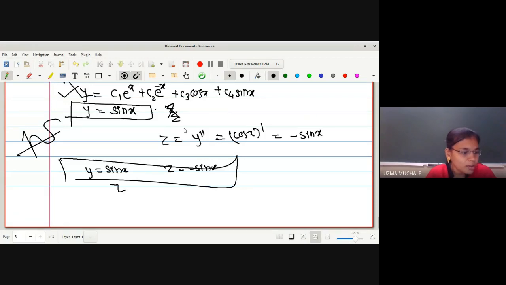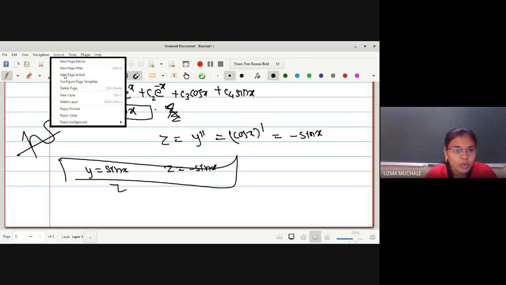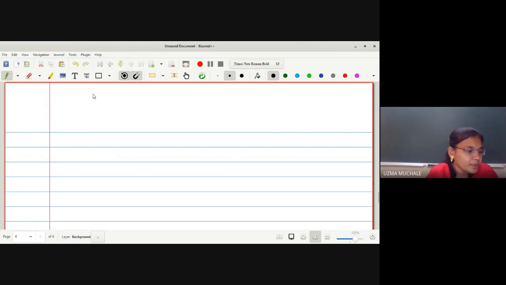Now let us go for the next version of our Euler-Lagrange's theorem. We'll see only the statement for that. Up to now we have seen two versions. First is only with x, y, y dash. The second one with independent variable.